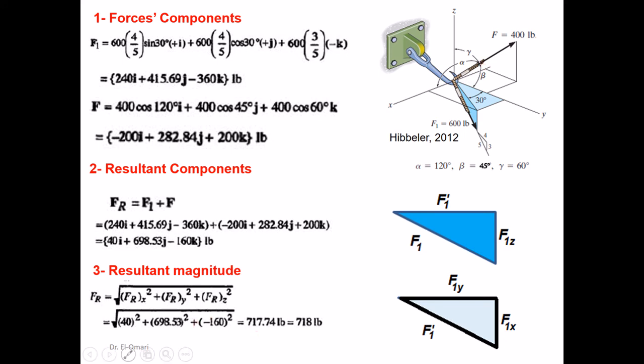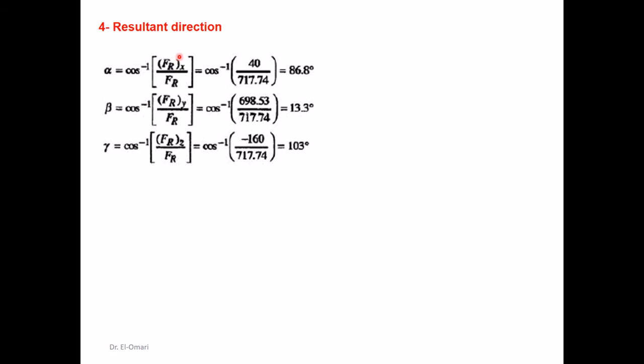Then also we have the x component and we have the magnitude. Then we can get the cosine of the angles. So inverse cosine of x over its magnitude, y over its magnitude for the beta, and then z over the magnitude. Notice we use also the signs to give us exactly what is the angle.